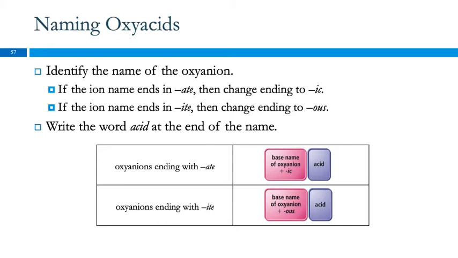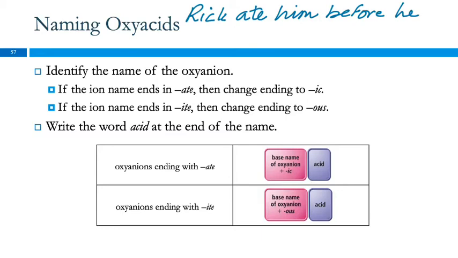So there's a couple ways to remember how those 4 things pair up. Rick ate him before he could bite us. So here's the ick and ate, ite, and us. I know, right? The weirder, the stranger the sentence, the better you remember it.